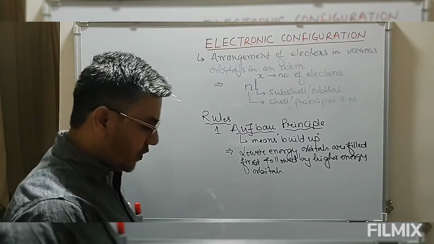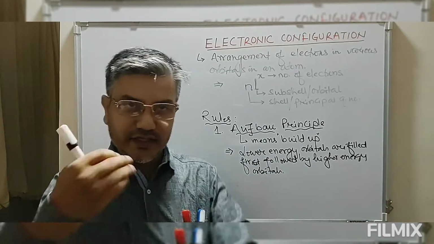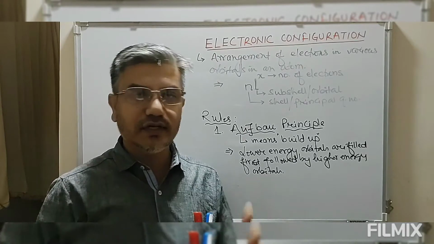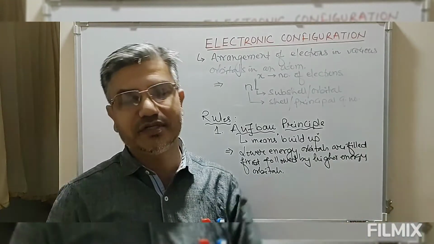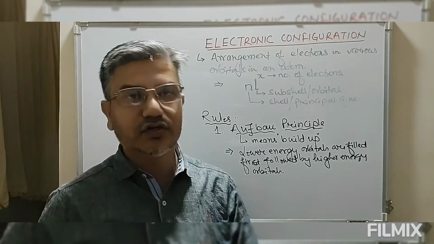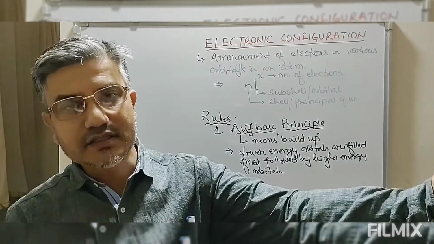That means when we enter electrons in various atomic orbitals of that particular element, we have to follow the energy sequence of the orbitals. So while entering electrons, the lower energy orbital should be first filled up, followed by the next higher energy orbitals.